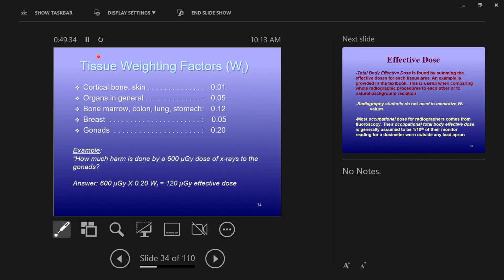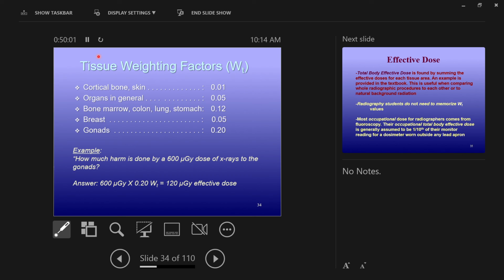All right, so there you go. An example given is: how much harm is done by a 600 microgray dose of x-rays to the gonads? You would take that unit, 600 microgray, 600 millionths of a gray, which is very small, and multiply it by the gonad factor, which is 0.2.